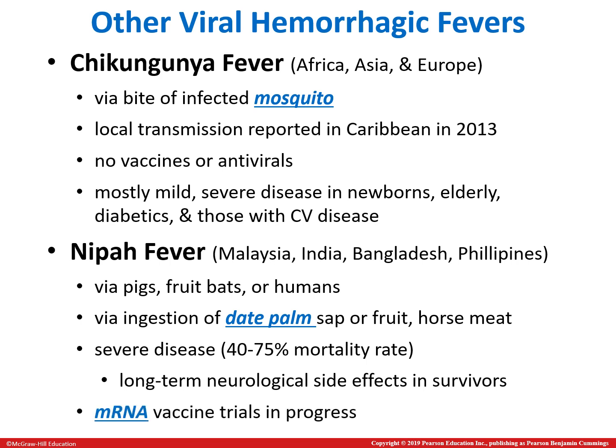Because it is a very severe disease, it also has huge economic impacts in places like Bangladesh, where the pig livestock industry takes a huge economic hit because they have to cull the herd when they get infected. I forget, a few years ago they had to cull millions of pigs because it was a widespread outbreak of this disease. There is a messenger RNA vaccine trial in progress.